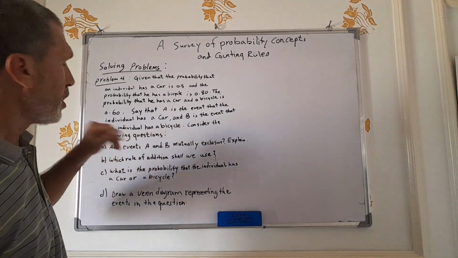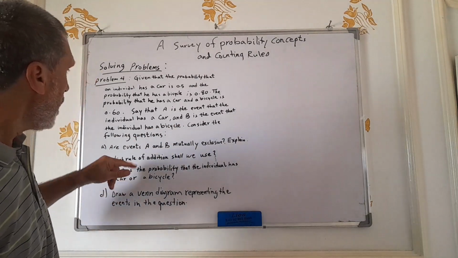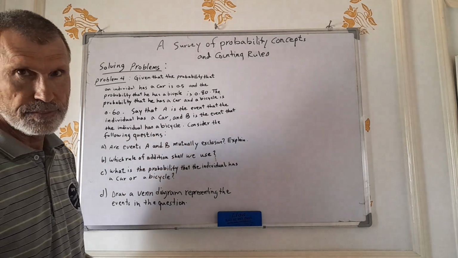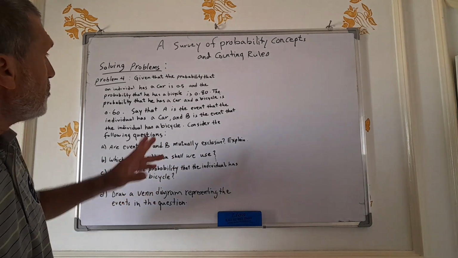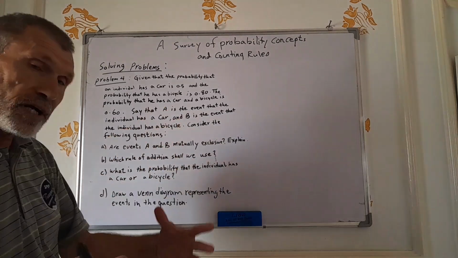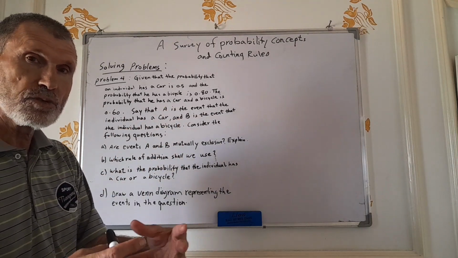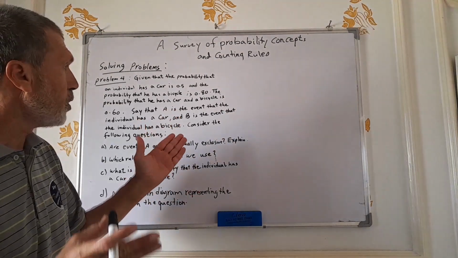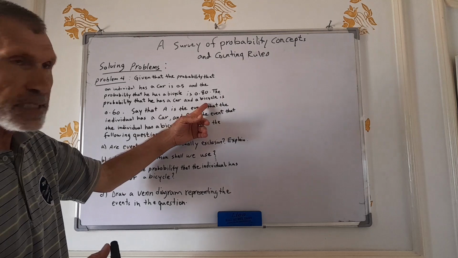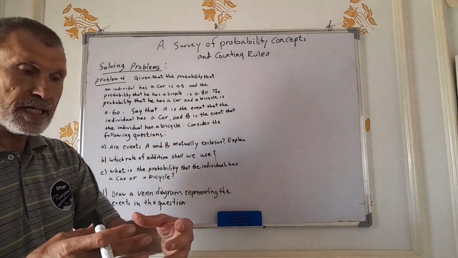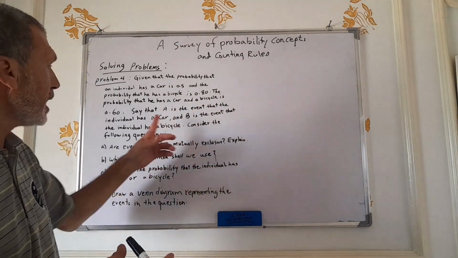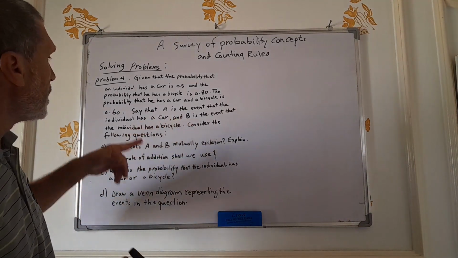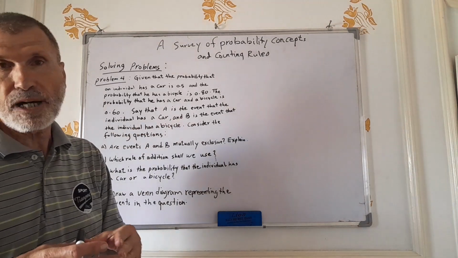Consider the following questions. Are events A and B mutually exclusive? Explain. Now, we can say here, because there is overlapping of these two events, because the individual has both a car and a bicycle, so there is some overlapping between events A, which is owning a car, and B, which is owning or having a bicycle.